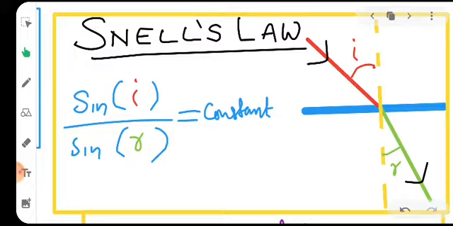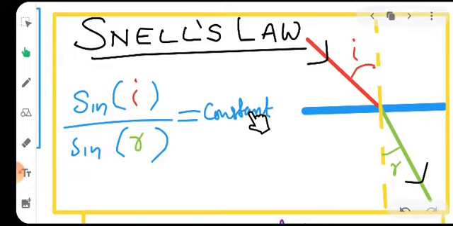In your syllabus based study, you are only supposed to learn that sine of the angle of incidence divided by sine of the angle of refraction is a constant. Doing this ratio gives you a constant for a given pair of media. If you have water and air, or water and olive oil, this ratio will always equal a constant.